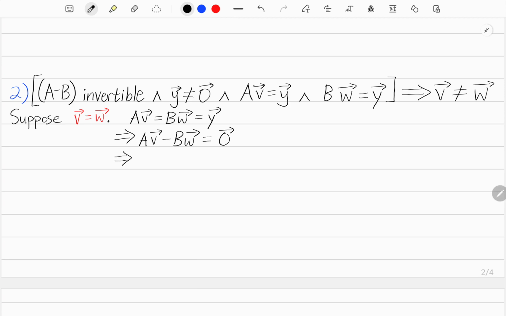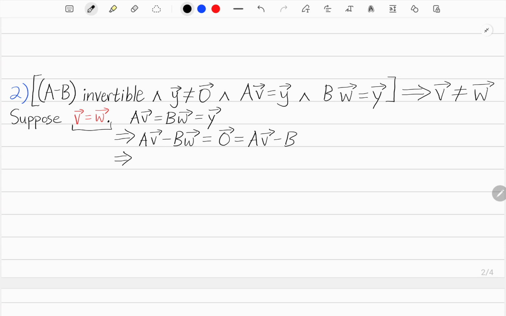So right here we see that we can actually factor out, because V is equal to W right here, I'm gonna replace this W with V. So we have AV minus BW, but W is V from this hypothesis. This is what we're assuming.